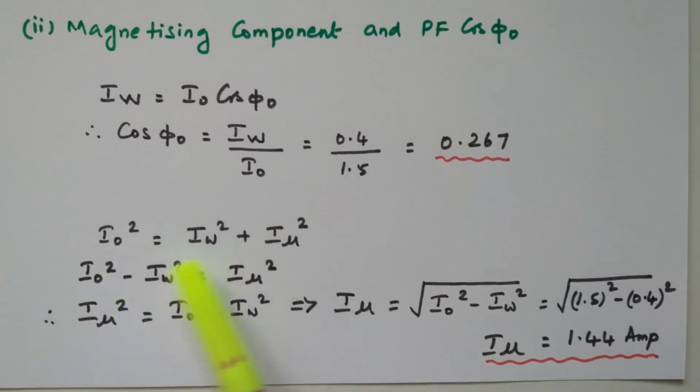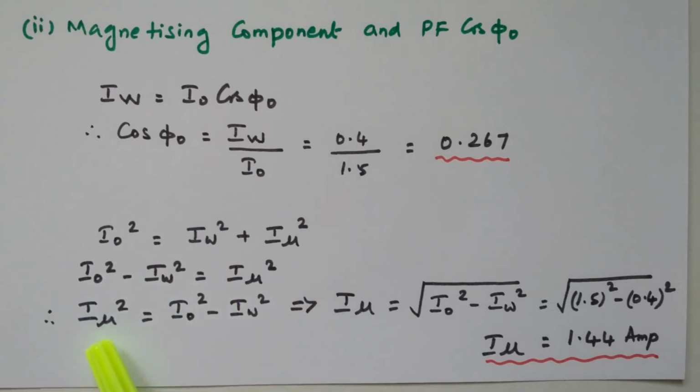Now, we will concentrate on finding the magnetizing component I mu. I naught square equal to IW square plus I mu square, based on the vector diagram. The no-load current I naught is the vector sum of IW and I mu, the working component and magnetizing component. So, I naught square minus IW square equal to I mu square.